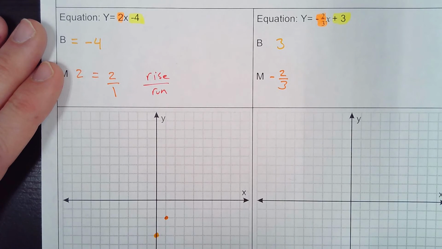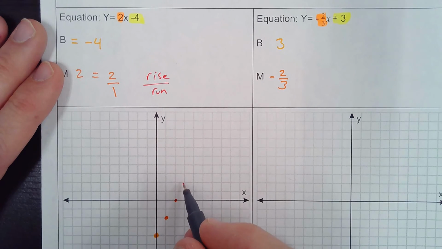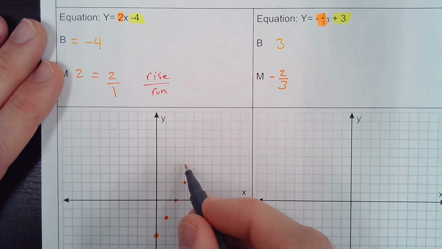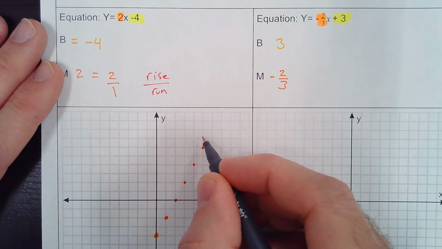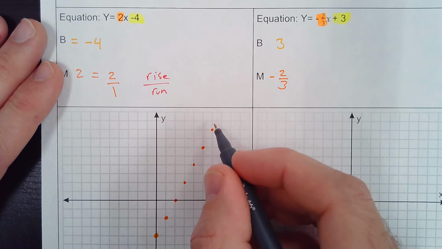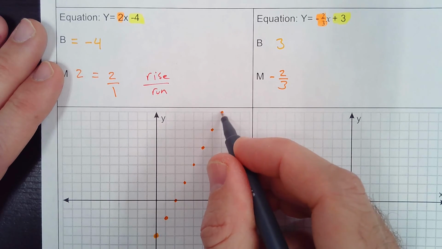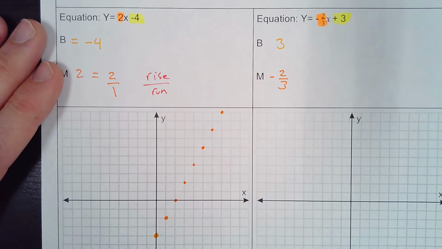Now we're going to want to do that a couple times to make sure we have the best line. I can't make the best line with just these 2 dots, so I'm going to do this a couple times. 1, 2, and the more dots I put, the more accurate my line is going to be. I'm going up 2 over 1, rise 2, run 1, rise 2, run 1. Now I can do the opposite also. I was going up 2 to the right 1.